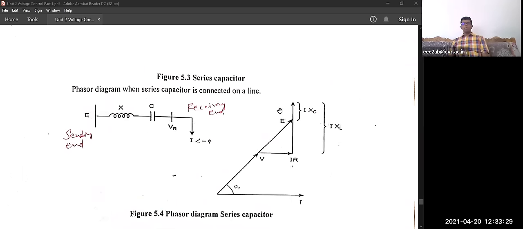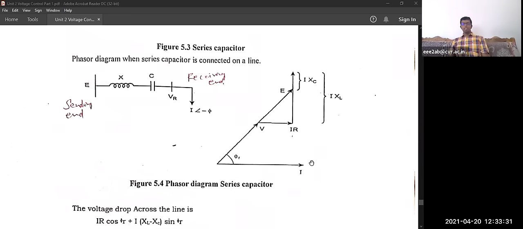Here, if you see the phasor diagram of the series capacitor, the current and voltage will be separated by this angle phi 1. But usually this voltage and current will be on the same axis, that is, there is no phase difference.